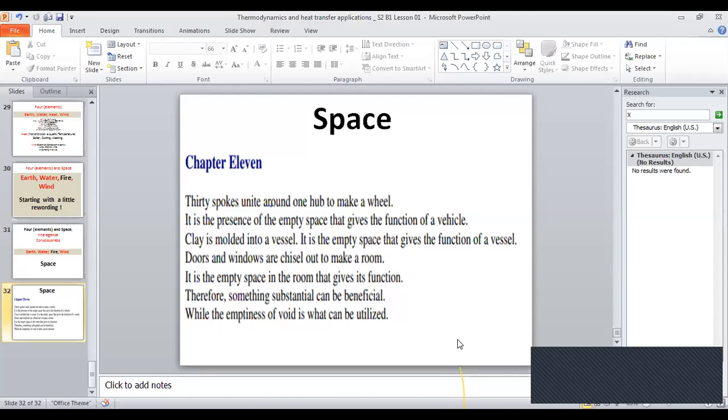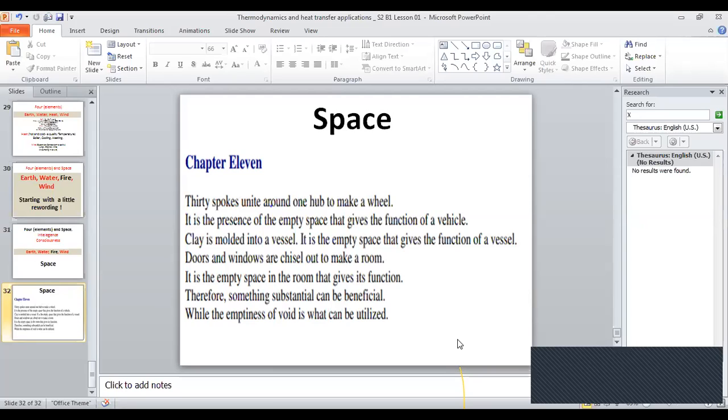So any vehicle, the prime importance is space. Without space, even you cannot have the power for the engine. Because without space, there is no movement in the cylinders, pistons to generate power.